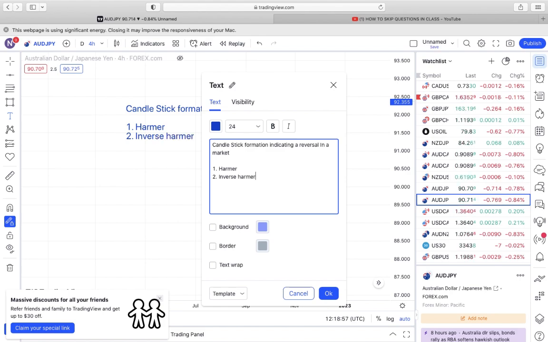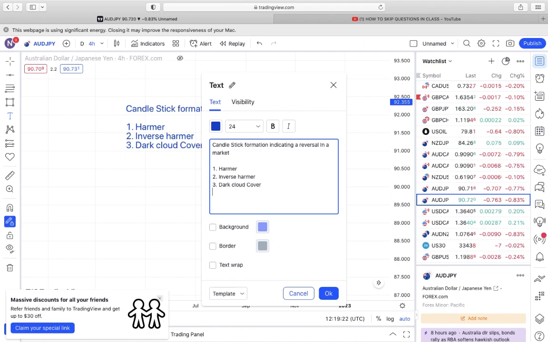You can go and research them, or you comment down below so that I can do a video on the same. We have dark cloud cover, which is always formed at the resistance.